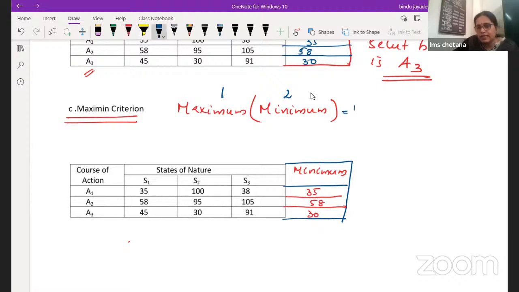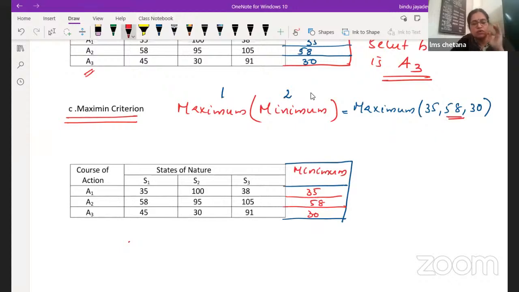Therefore I'm writing maximum. What does my bracket mean? It is the last column, that is 35, 58, 30. Now the maximum of this bracket. How many numbers are inside the bracket? 3 numbers. Which is the maximum value? 58, right? 58.